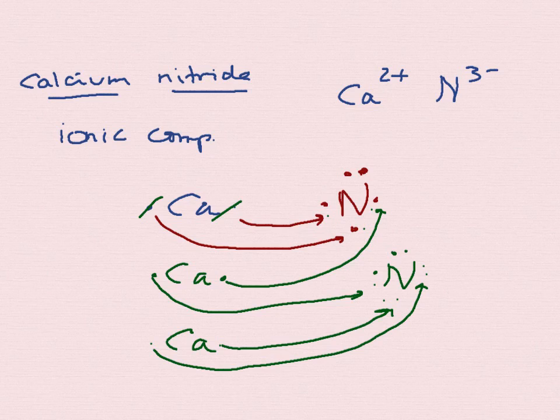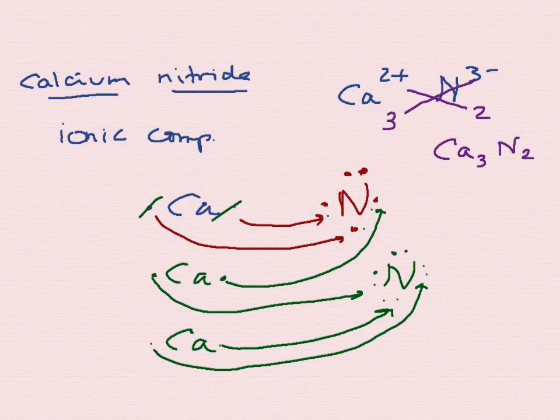To show that in a chemical formula, you use a method called the crisscross system. The charge of the nitrogen, not the charge, just the number, will come down and become a subscript, and the 2 will come down here and become a subscript of nitrogen. What that really means is to balance calcium nitride, we need 3 calcium ions and 2 nitride ions to get a grand total of 6 positive.